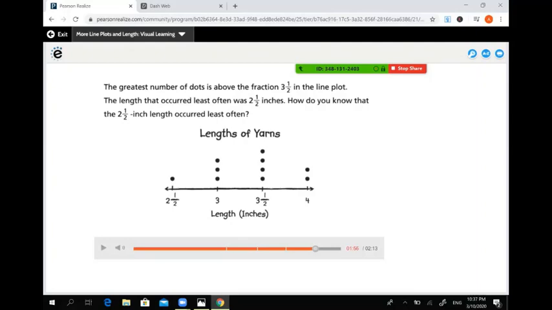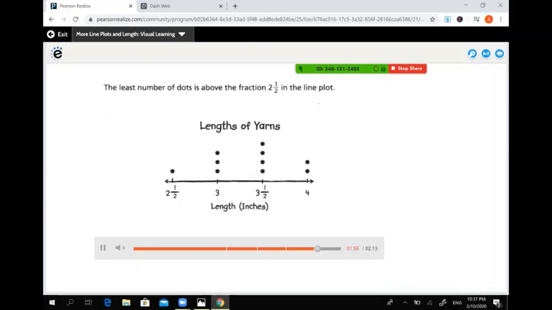If I have a fraction that doesn't have any dot within this number line, will it be the least often? No, because it has nothing. It should at least have 1 dot to be the least often. The least number of dots is above the fraction 2 1/2 in the line plot.